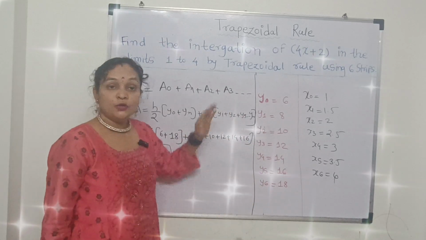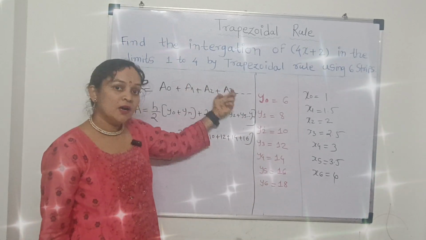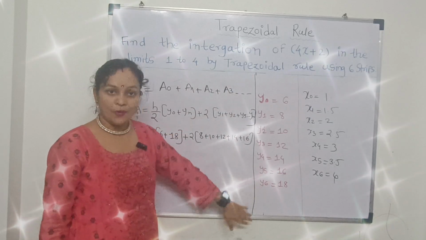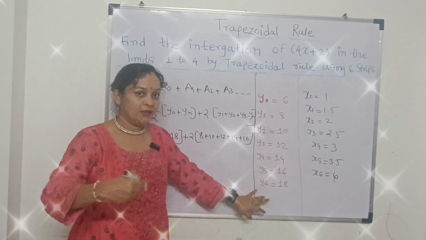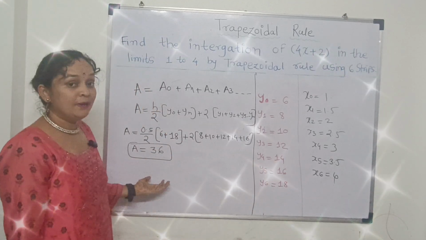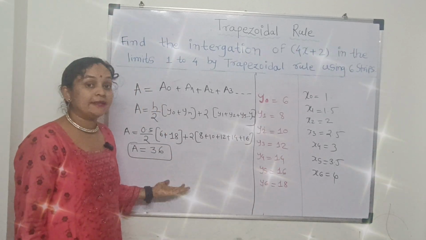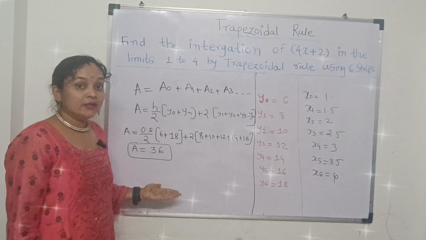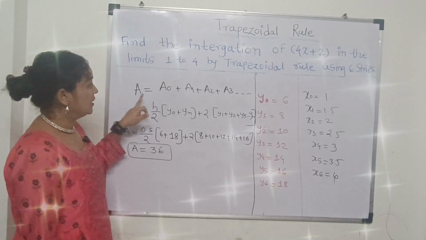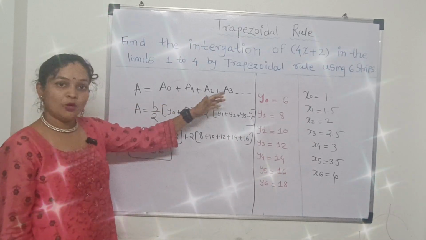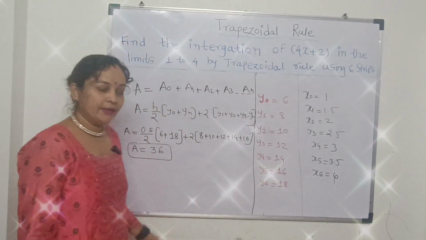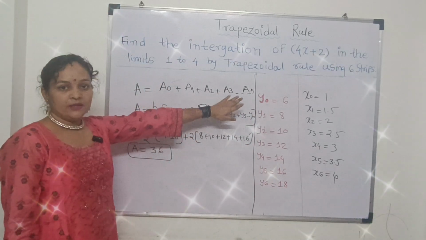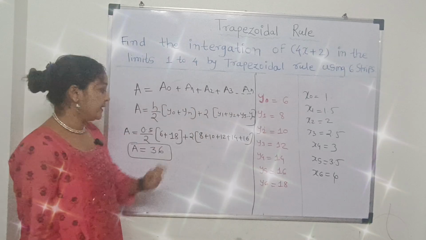Then in y, you are supposed to calculate y0 up to y6, so y6 becomes yn. Again, the main part you are supposed to calculate is the area under this curve, that is A0 plus A1 plus A2 and so on, up to 6 here.